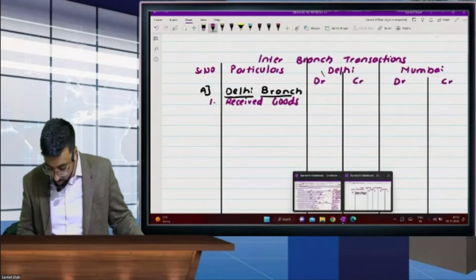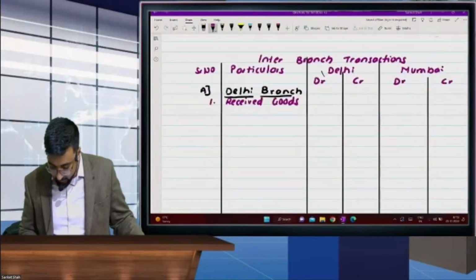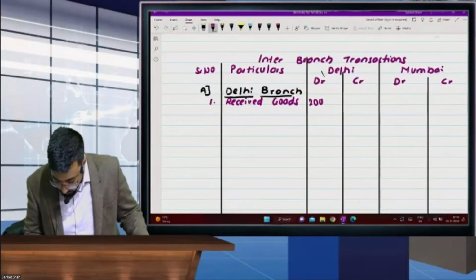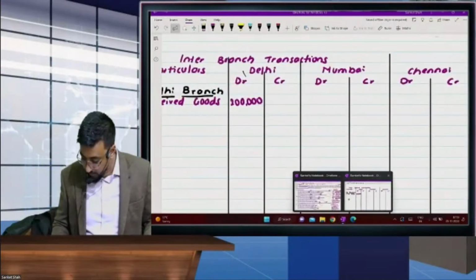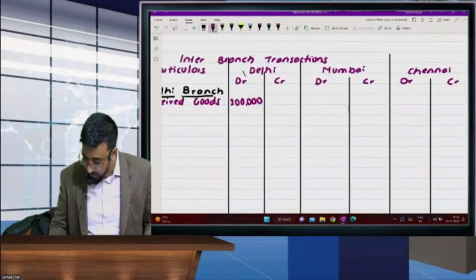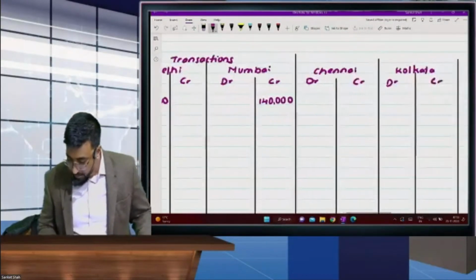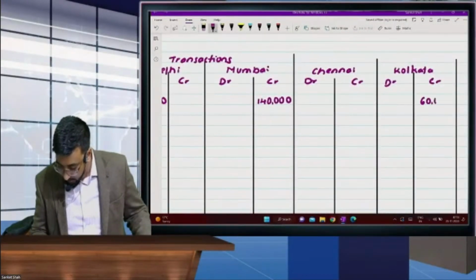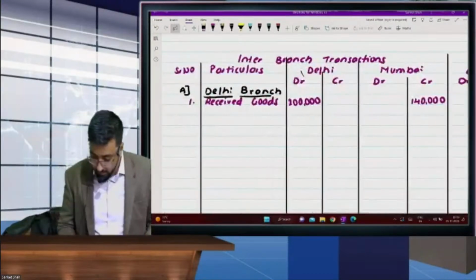So received goods from Delhi, 2 lakhs debit, and Mumbai, Kolkata, 1,40,000 and 60,000 credit. Correct?